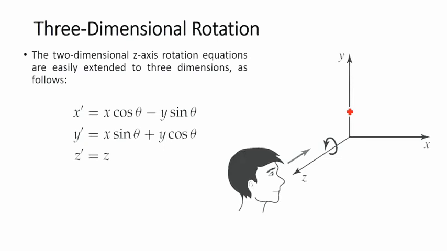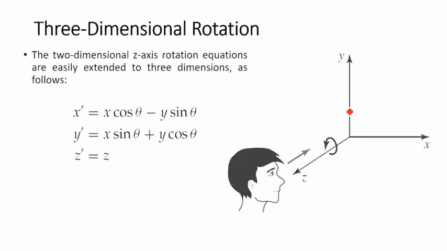But as a basic rotation in 3 dimensions, we will be looking at rotation of the object around the principal axes of our coordinate system, that is x-axis, y-axis and z-axis. To start with, we will look at rotation around z-axis.